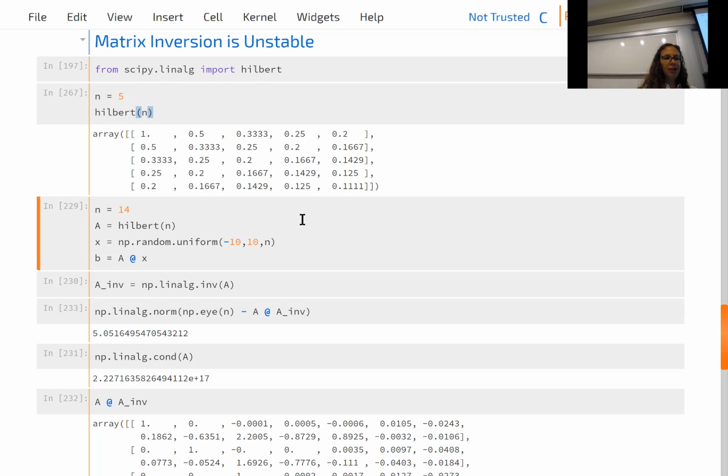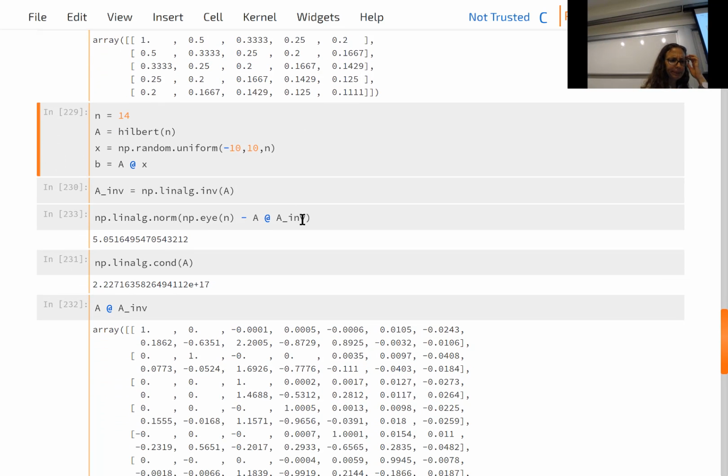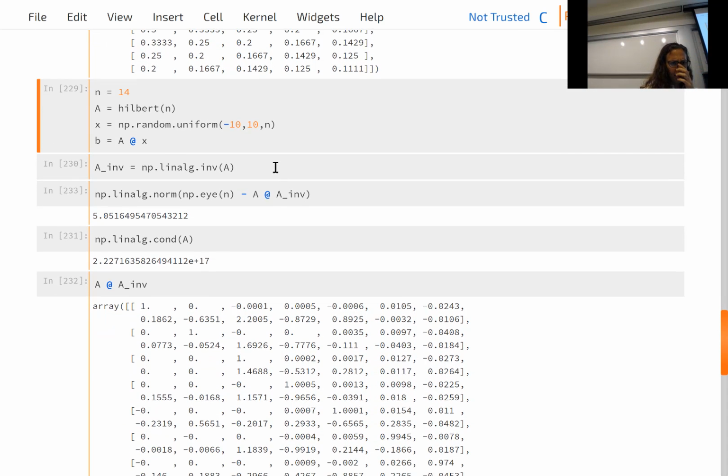It's known to have a poor condition number. Here I'm using NumPy's linalg.inverse method. I've created this Hilbert matrix that's 14 by 14. Let me run that again. I invert it, and then ideally, A times A inverse minus the identity, what would you expect that to give you?